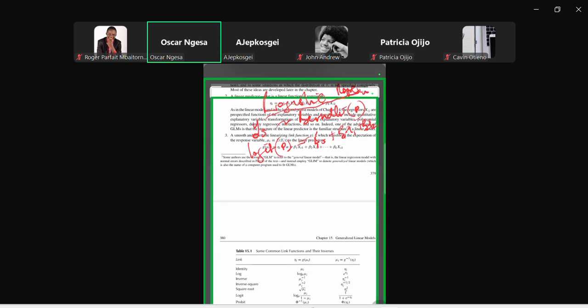Where is the random part? In this logistic regression that I'm showing on the screen, can you see the random part?